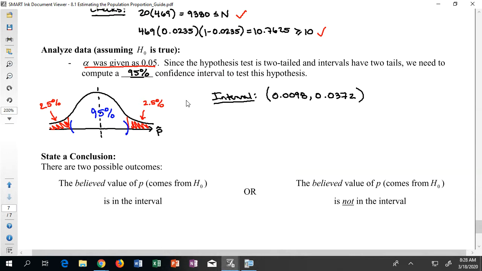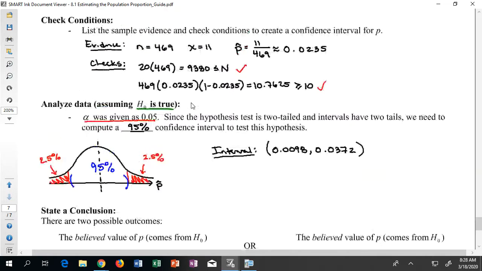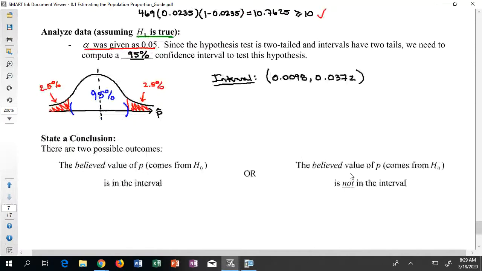Now keep in mind that we started this under the assumption that H0 is true. That's the hypothesis we always try on to see how it fits. And that hypothesis said that p is 3%. So we're pretty sure now that p is somewhere in here. How does 3% actually feel? Is 3% in that interval? Well, if you look at the numbers, I guess we would have to say yes. 3% is definitely smaller than what I have on the right edge. So 3% is in the interval, which means that it seems like 3% isn't a totally crazy guess.